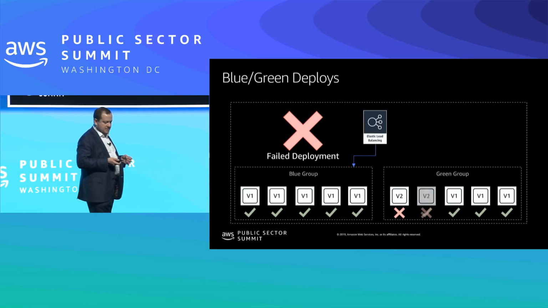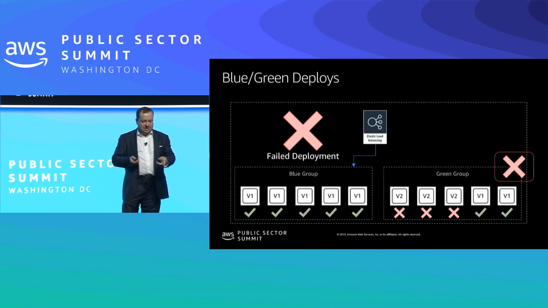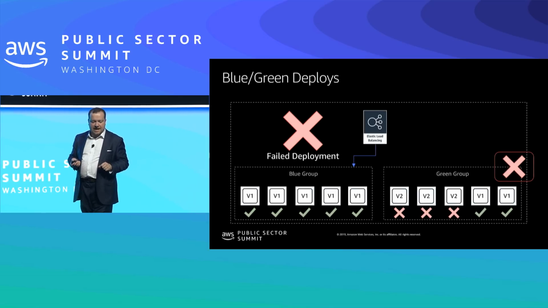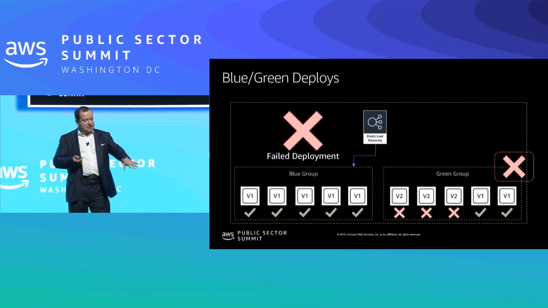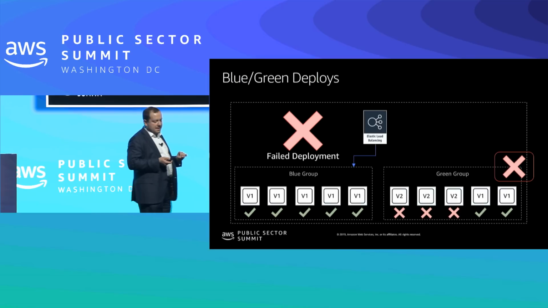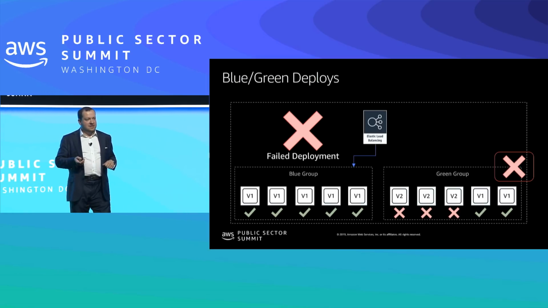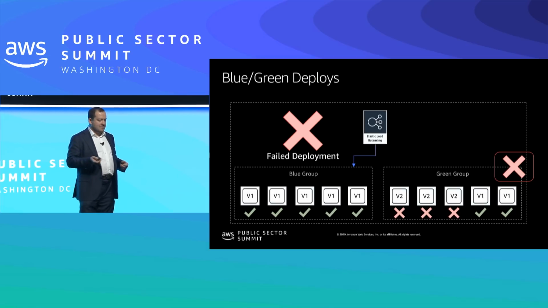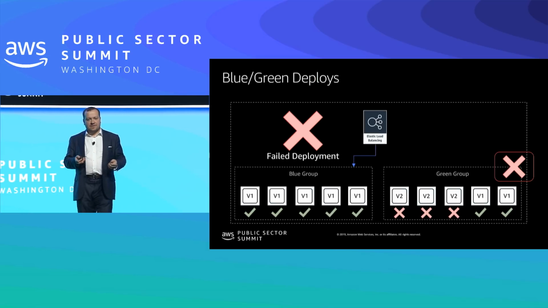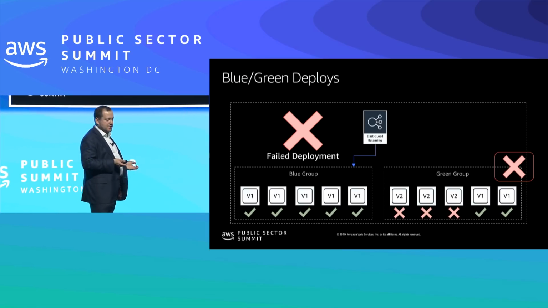If there's a failure, it's going to say, oh, this deployment's bad, but you're not actually serving traffic out of the green group. These are a new set of instances, and your load balancer is still sending traffic to your old instances. So this is great. The deployment failed, but I haven't lost any capacity. I just have to fix my deployment, but there's no impact to production here.